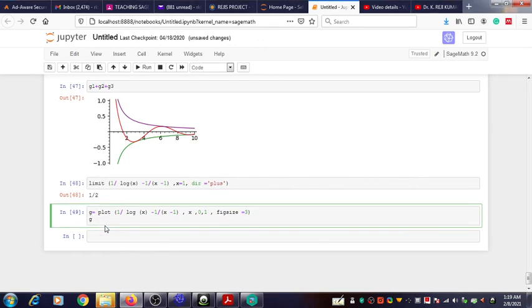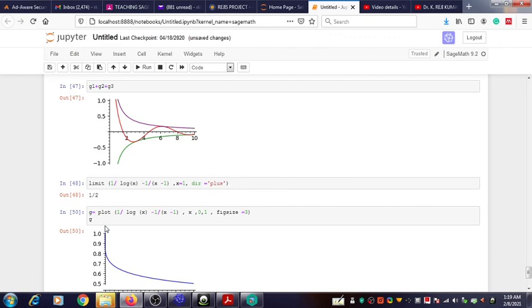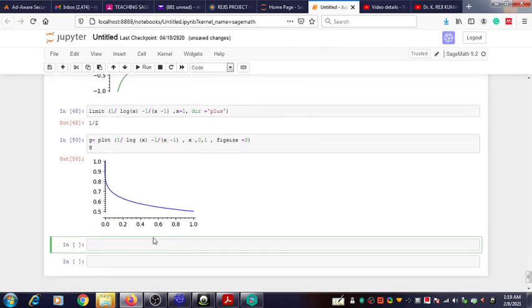That's why the output is not coming. Now it's corrected. The output is obtained as a curve. You can verify whether the calculated limit is correct. Okay, thank you.